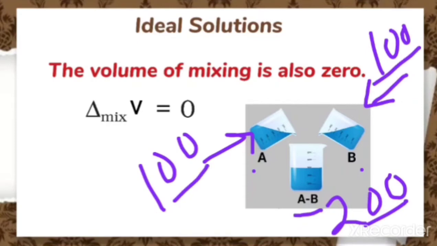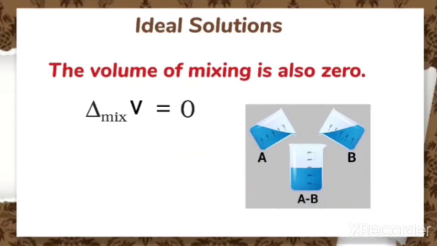So the volume is not changed, there is no net change; it is neither increased nor decreased. In that case we can say that delta V mixing is equal to 0.